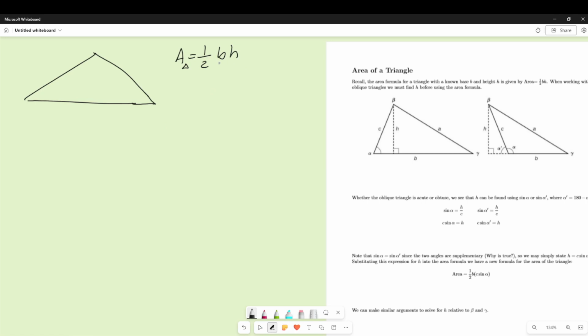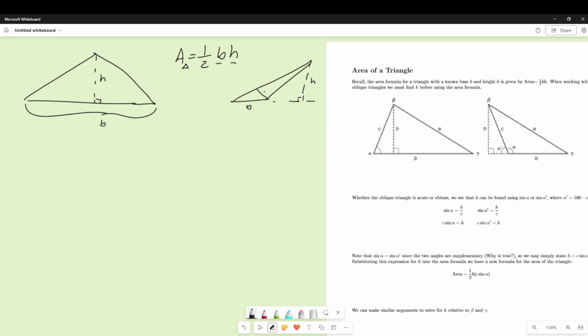And the only thing that really defines base and height is that they're orthogonal to each other. They're perpendicular to each other. So, we could call this the base and that the height. But, if you've got a different triangle, you can call that the base and that the height because they're, again, perpendicular to each other.